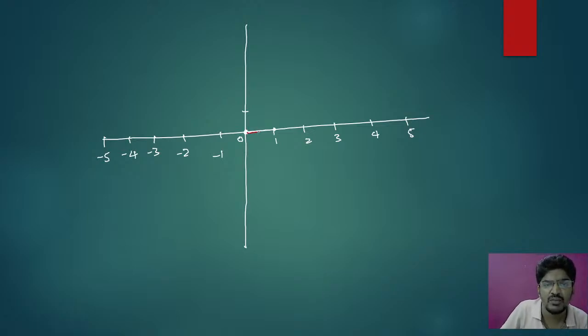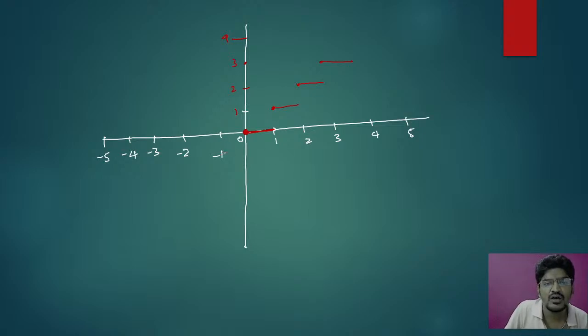If I take any number in between 0 and 1, the output will be 0. In between 1 and 2, I can take any number, it will be 1. In between 2 and 3, it will be 2. 3 to 4, it will be 3.